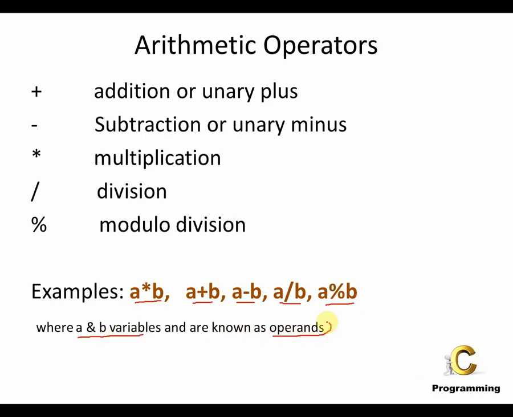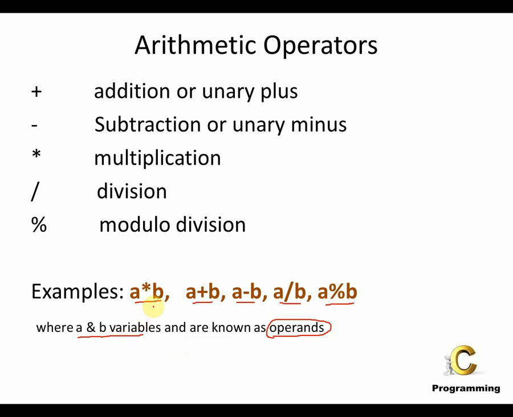So the term for them is operands. Operands are nothing but the variables involved in an expression, and in this case A and B are the operands on which we are performing the operation.